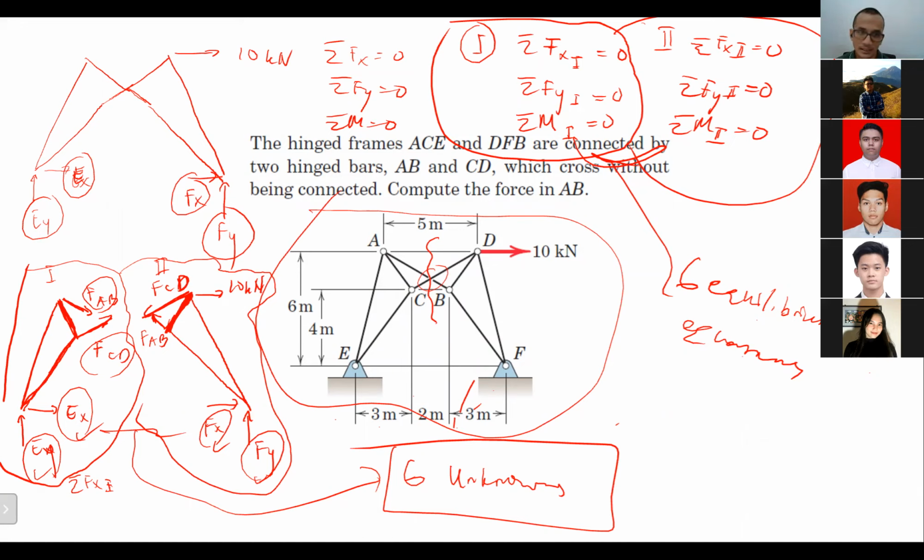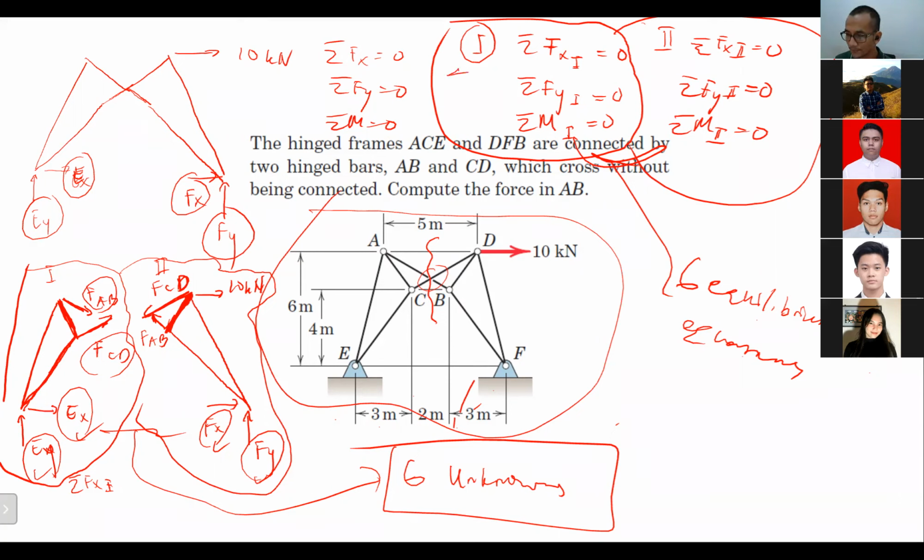Okay. The thing that I will suggest you to do if you have this kind of problem, for sure, you will not have Ex and Ey in the second set of equations, and you will not have Fx and Fy in the first set of equations.